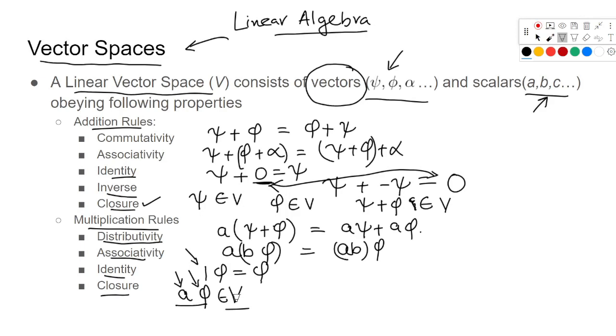So you cannot go out of that vector space by multiplying a vector with a scalar. So these are the rules which a vector space must have for it to be a valid vector space. Another rule that we must state here is that there's a commutativity in multiplication as well. So this is the same as this, in which this is the vector and this is the scalar.